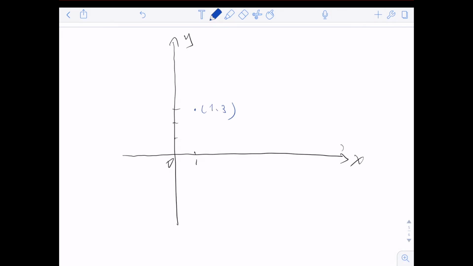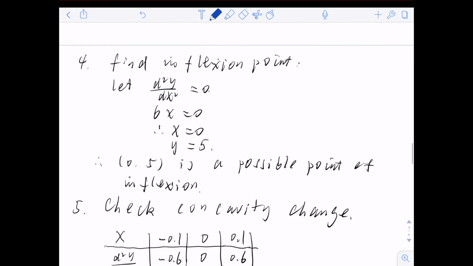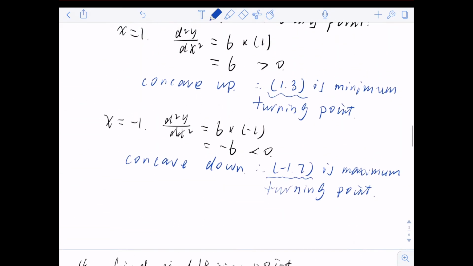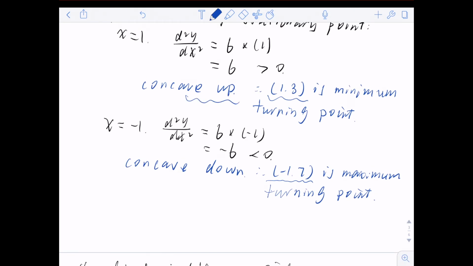And also a maximum turning point at negative 1 and 7. 1, 2, 3, 4, 5, 6, 7. Okay, let's say here. So that's the maximum turning point, negative 1 and 7. And we know at this point here is concave up, and the point here is concave down.